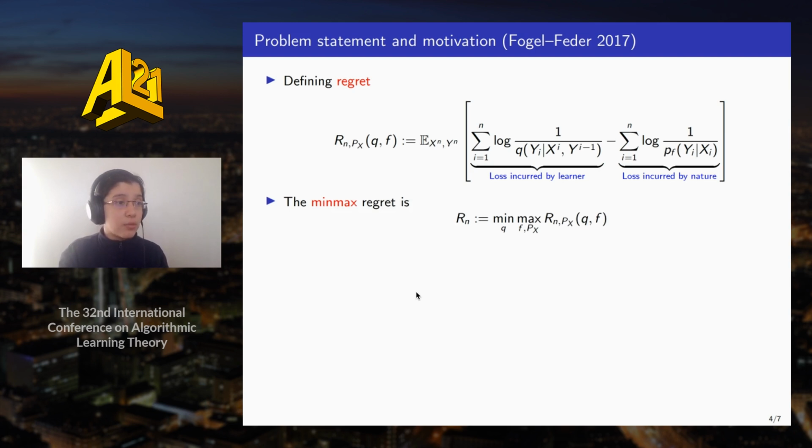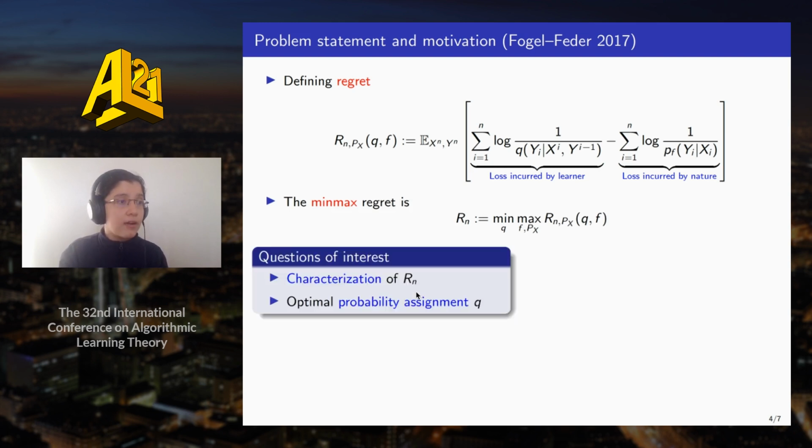The questions that we're interested in are, first of all, a characterization of Rn. Specifically, how does it vary with n and the dimension d? Secondly, what is the min-max optimal probability assignment Q, or any other probability assignment Q that achieves near the min-max regret or even a vanishing sublinear regret?